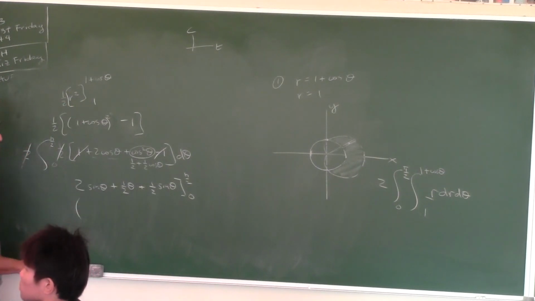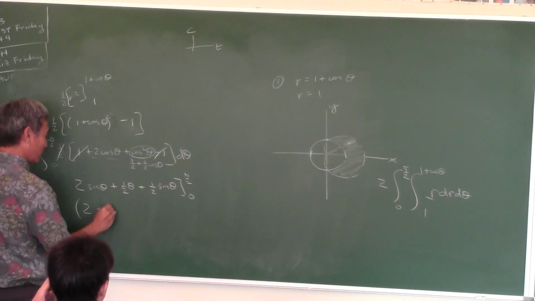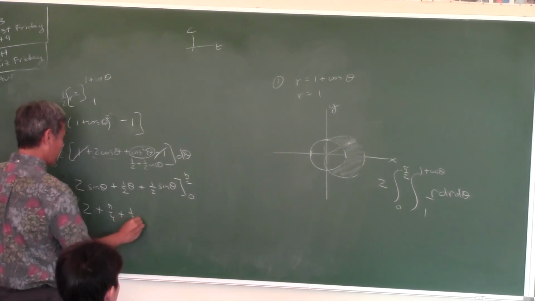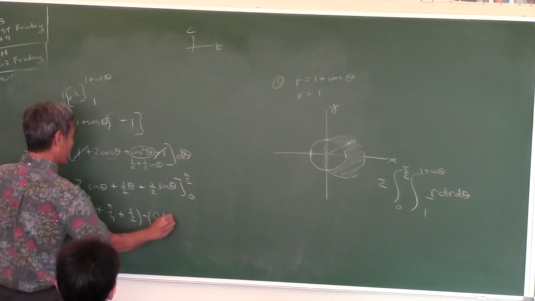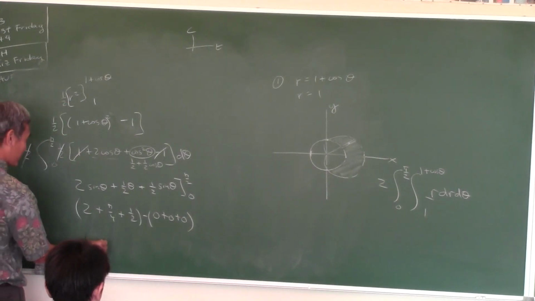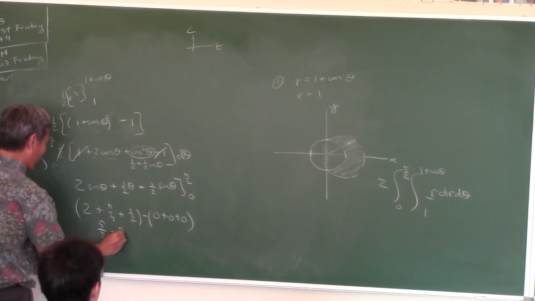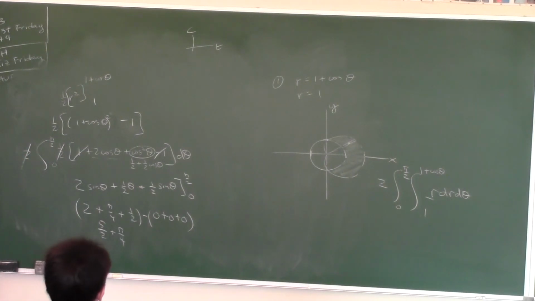Plug in the top number: 2 plus pi over 4 plus 1/2. Plug in the bottom number: 0 plus 0 plus 0. So your final answer is, shall we make a least common denominator, or just go 5/2 plus pi over 4? You just leave it like that.